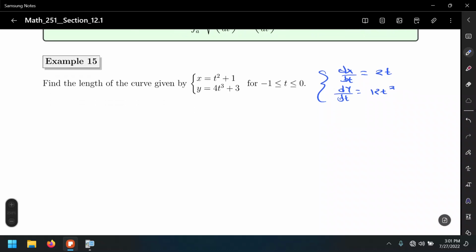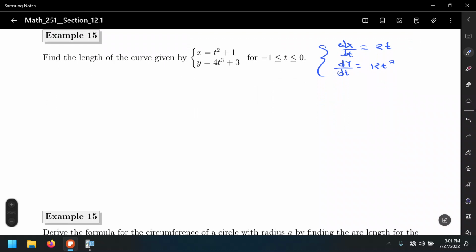There's nothing weird. Okay, so L, which is the integral from -1 to 0 of the square root of the dx/dt quantity squared plus the dy/dt quantity squared.